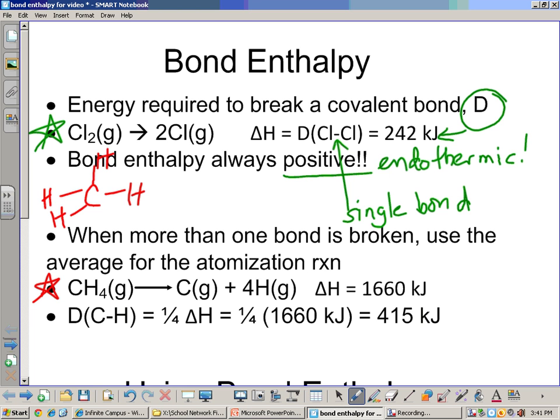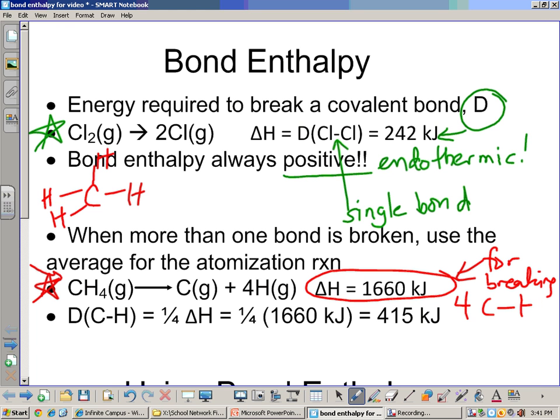This reaction, shown again right here, CH4 gas goes to C gas plus 4 H gas, has an overall enthalpy of 1660 kilojoules. This is for breaking 4 carbon to hydrogen bonds. So that's how much energy is required total to break 4 carbon to hydrogen bonds.